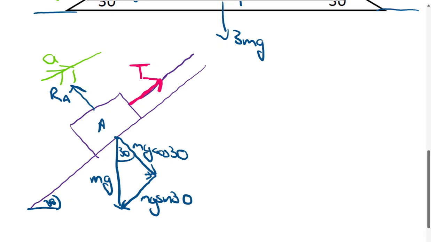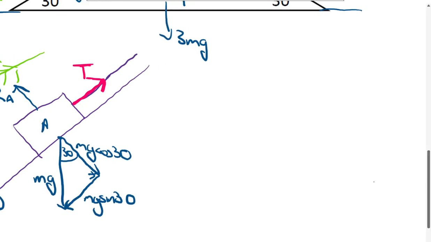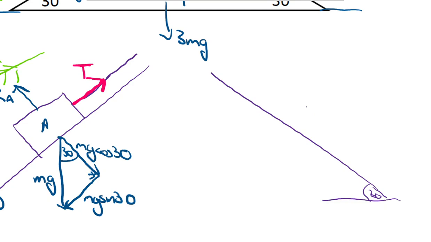So the next one is we have our surface, that the angle is actually much bigger than it isn't real, but anyway, 30 degrees. We have our particle or our mass, and what's happening is the string is pulling it up with tension T, same tension because it's the same string.